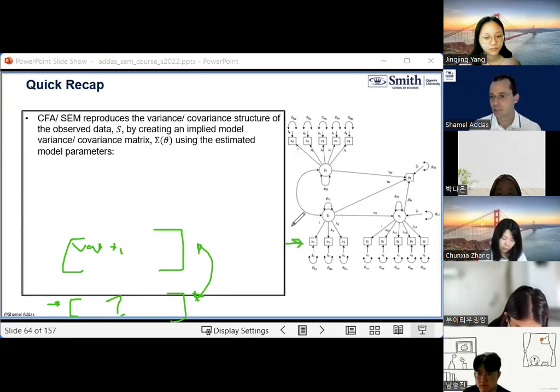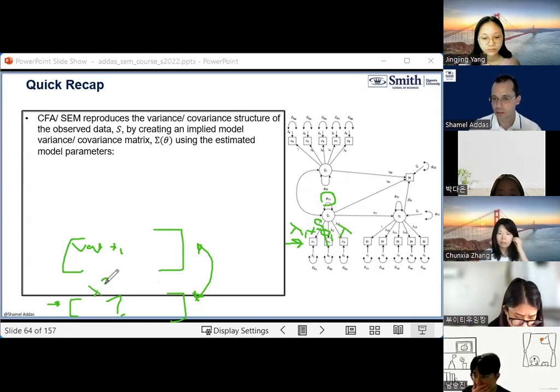You take the loading, lambda 1, times the variance, which is phi 1, times lambda 1 again, because it's a variance. So you have to square the loading. Okay, so it's lambda 1 squared times the variance. So we use two parameters here, lambda 1 and phi, which is the variance.